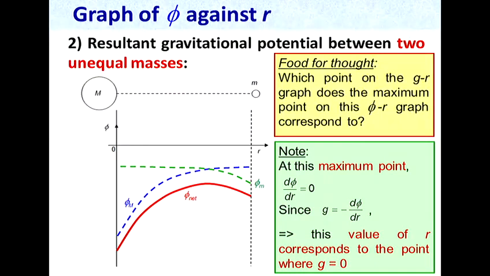So if you sketch two graphs, you must make sure that the maximum point corresponds to where G equals 0, right? It must be proportional.